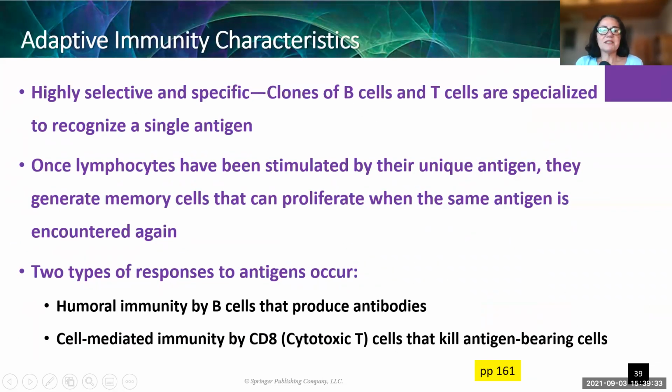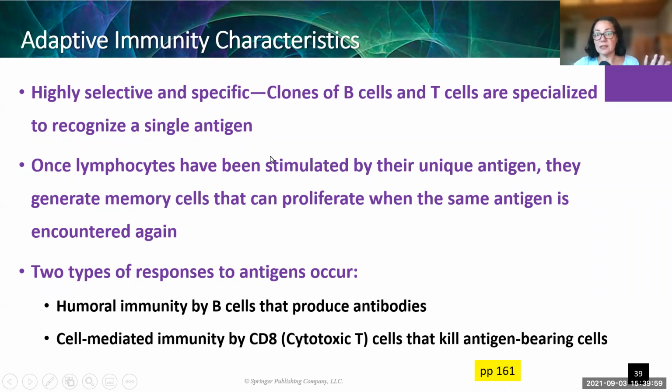All right, so adaptive immunity characteristics: highly selective, very specific. This is what I was telling you about the antibodies. They are shaped in a way that the tips of them very specifically respond to a shape. So not every B cell is going to respond to every infection.